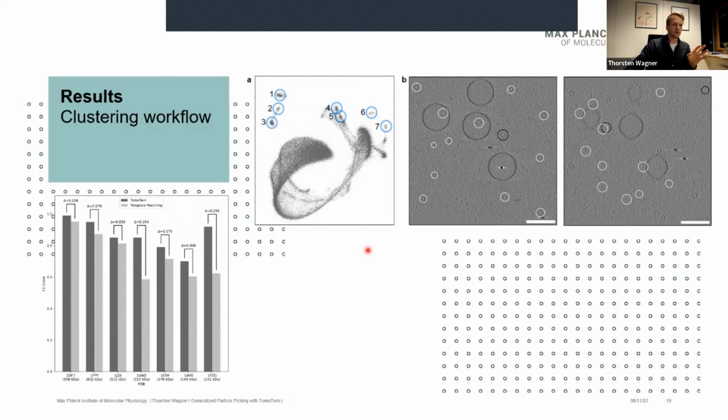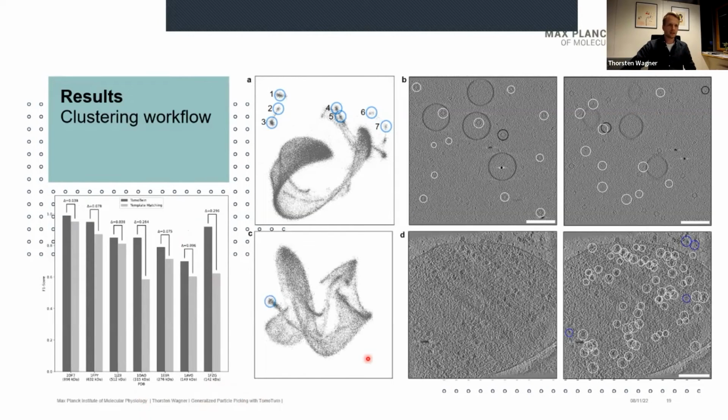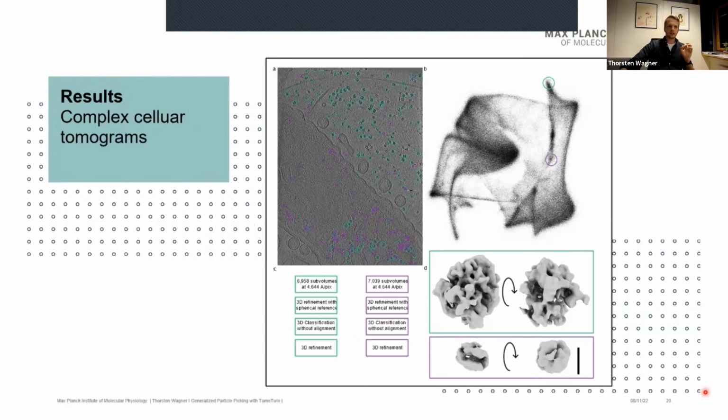And if we compare it with template matching, you especially see for the small proteins that it outperforms template matching by quite some margin. We also applied it to the ribosome tomogram. We selected this single cluster here, did the picking, and we got the ribosomes. Here we apply it to a bit more complex tomogram.